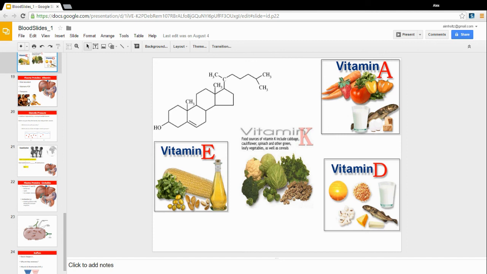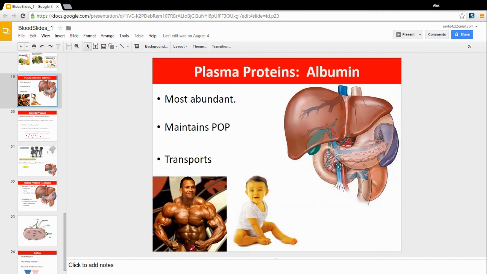All right, let's talk about some other stuff we find dissolved in blood, including the plasma proteins. There are a lot of plasma proteins. We're going to meet several of them over the course of the semester. The most abundant one is albumin. It maintains the POP or the plasma osmotic pressure. It also transports steroids.